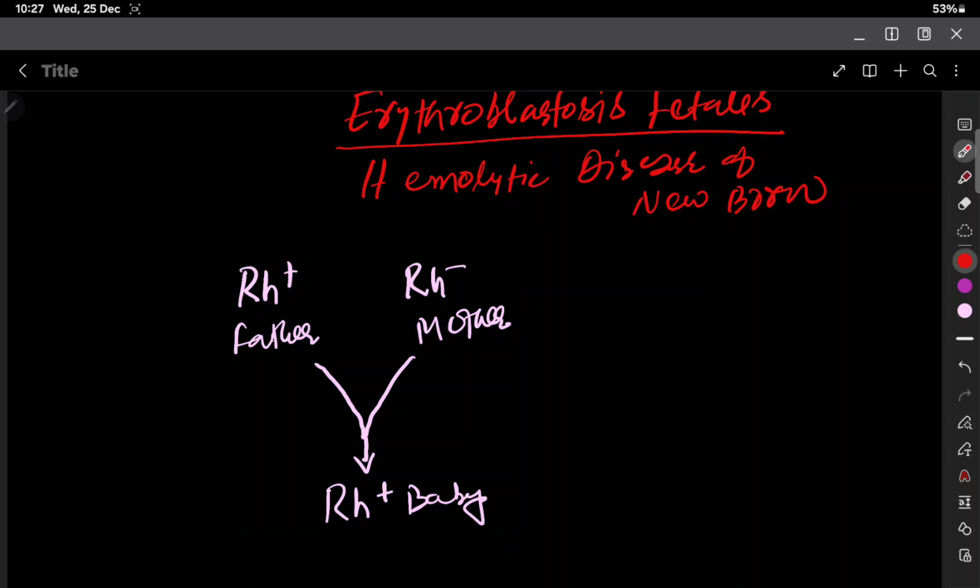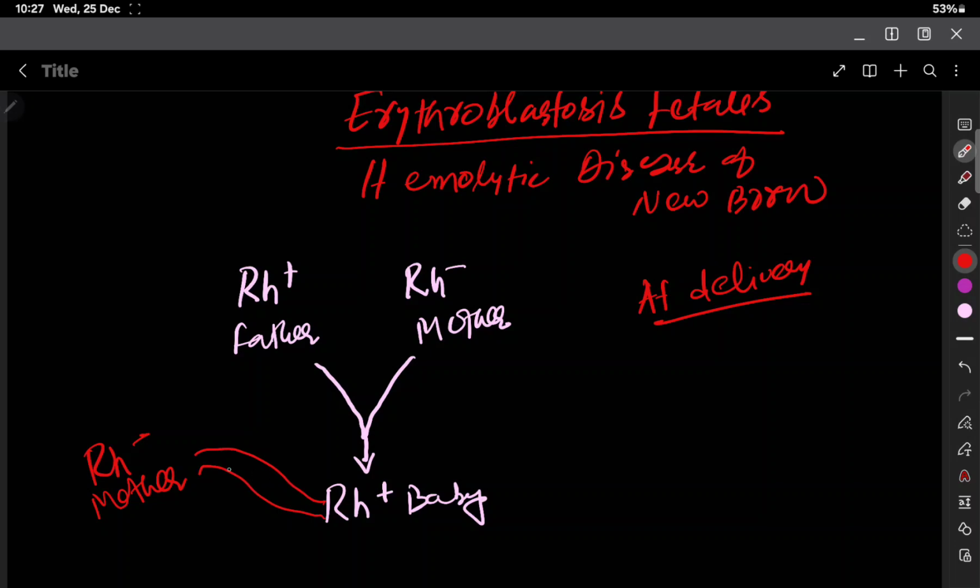So what happens during pregnancy? RH negative mother with RH positive baby. Because the father is RH positive, the baby is RH positive. And what happens at the time of delivery? RH positive baby's blood cells enter the mother's bloodstream through the placenta.